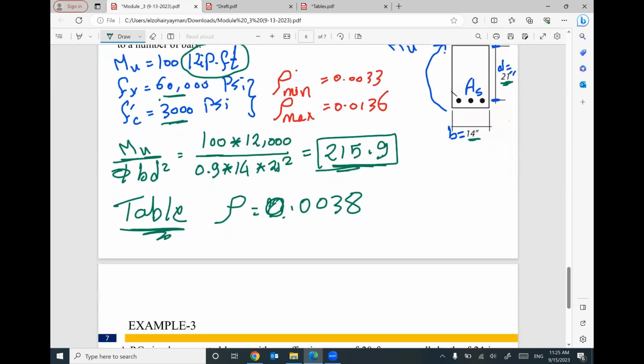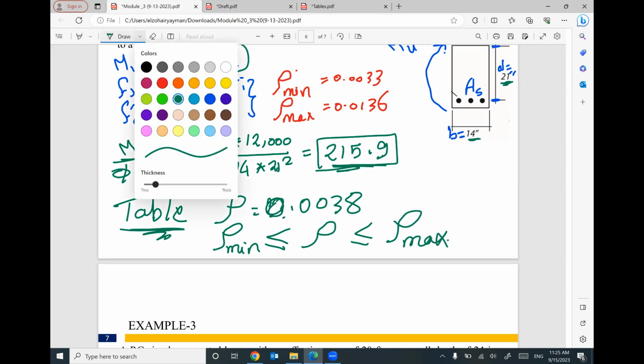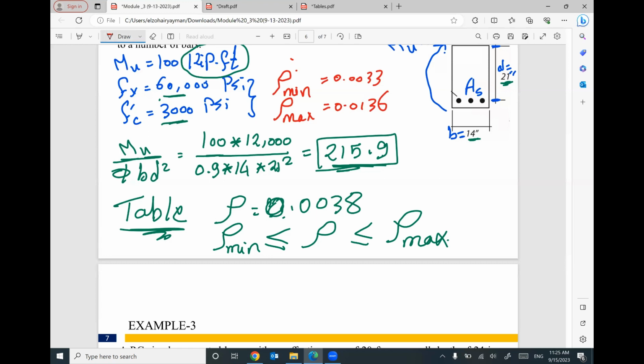Before going forward, I need to check that your rho from this table is greater than or equal to rho minimum and smaller than or equal to rho maximum. Is it correct or not? If it's not, we need to think more. Your value of rho is 0.0038.